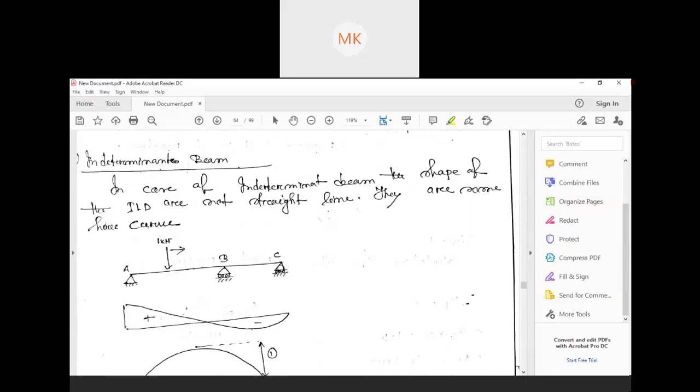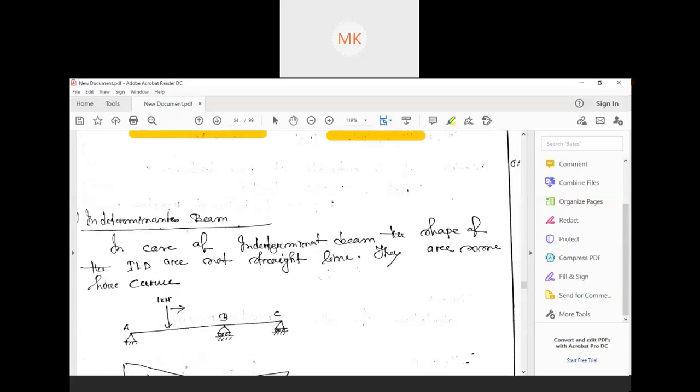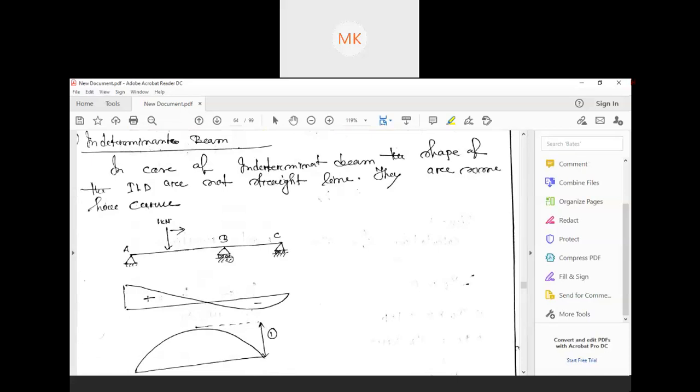Similarly, if we go for an indeterminate beam, the shapes of the ILD are not straight lines; some have curves. There are three supports, one, two, three.